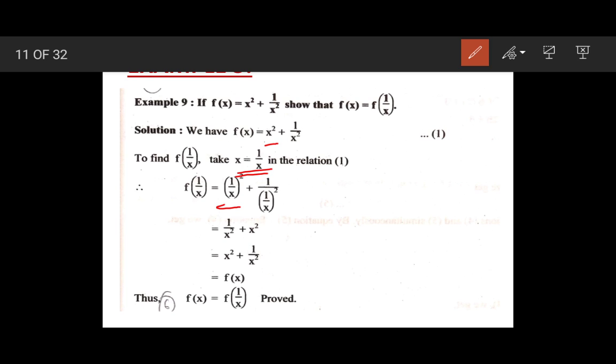Then plus 1/x². In place of x, I have to write 1/x.